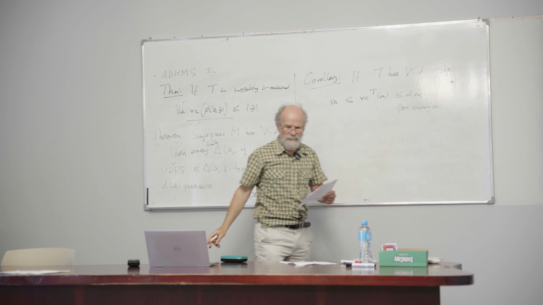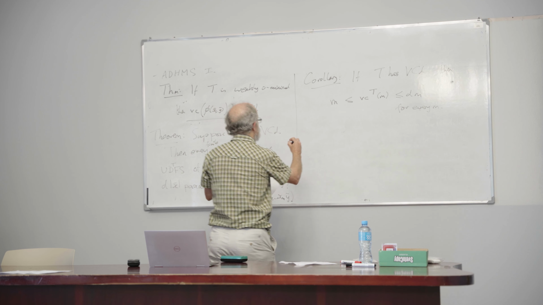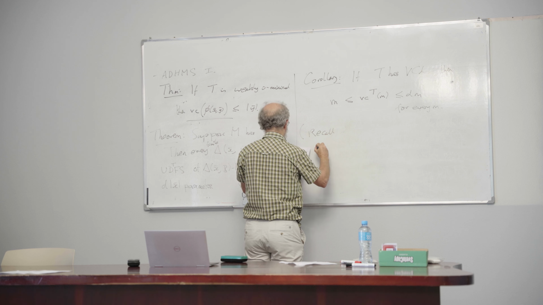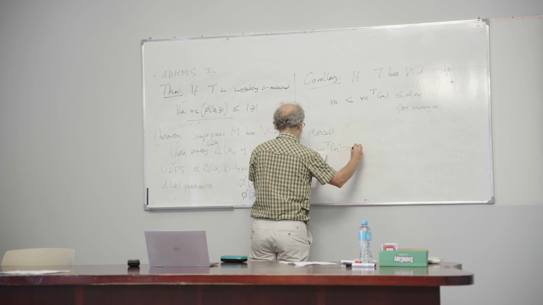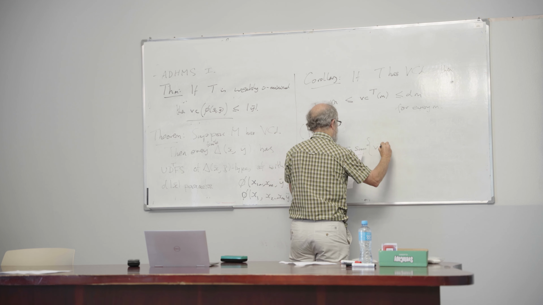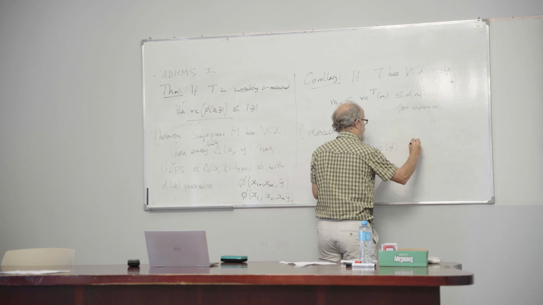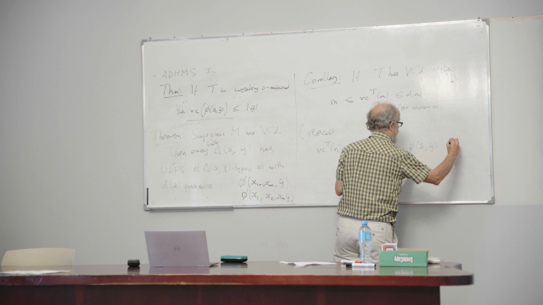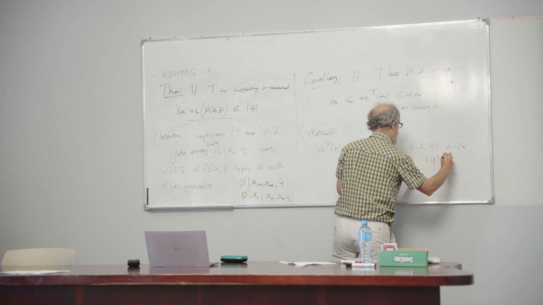I'll just remind you what that means. Recall, VC_T of n is the supremum of VC of phi, where phi(x bar, y bar) is a formula in our language, and the length of y bar is n.